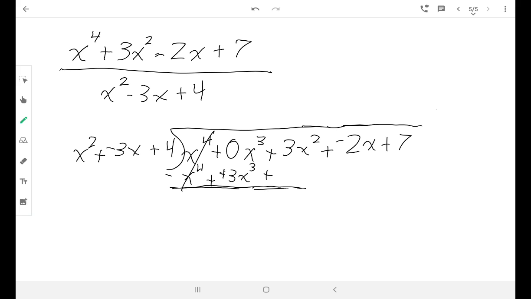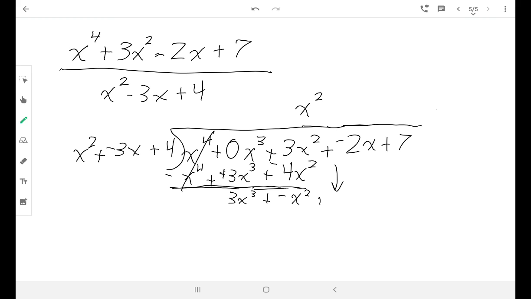We had to have x squared up here, and we had x to the fourth, negative 3x cubed plus 4x squared, and then I had to change the sign on that. So we had 3x to the third plus negative 1x squared, or just negative x squared.